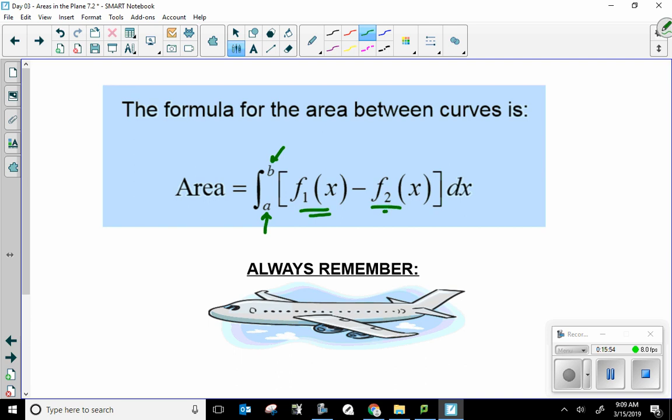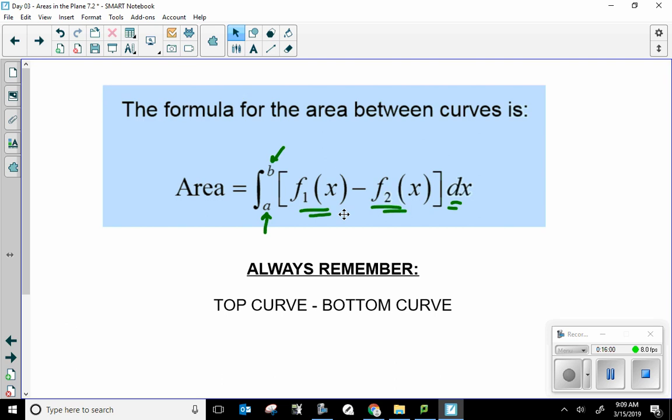I just subtract my two functions, dx, that's it. But remember, Punta Cana, I hope that's the Dominican Republic. The top curve minus the bottom curve, okay? You always want the curve on top on the graph to be first and subtract the bottom curve or the lower curve on the graph second, all right?